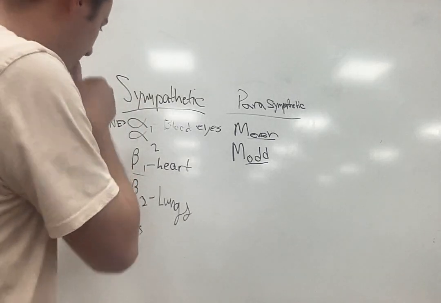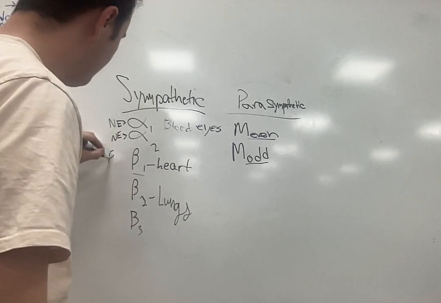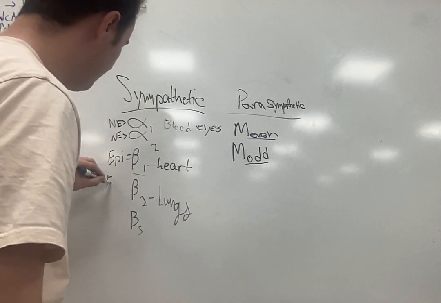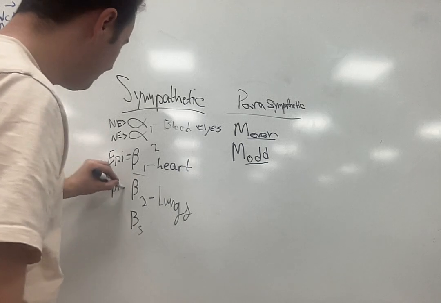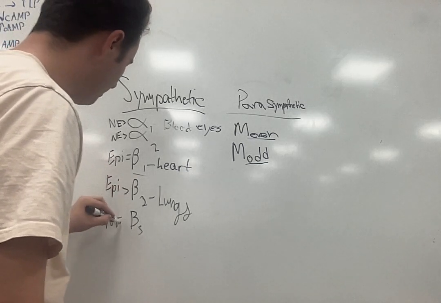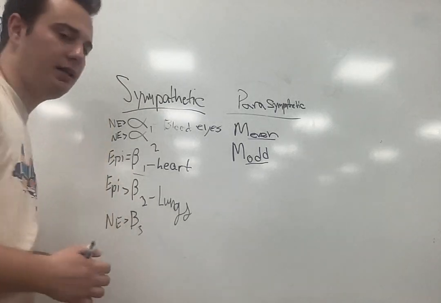Let's see if I can remember. I believe norepinephrine is also better for this one. Epi is about the same. Epi is more effective. And then it's back to norepinephrine, which is more effective. Right. I think I'm correct here.